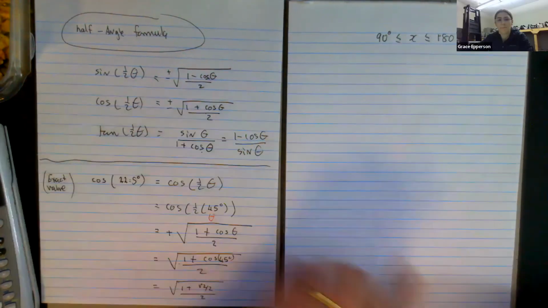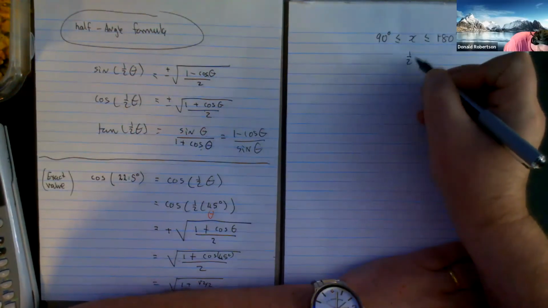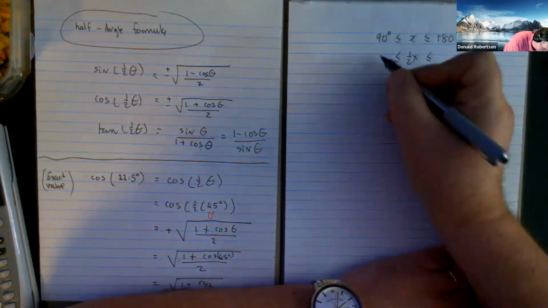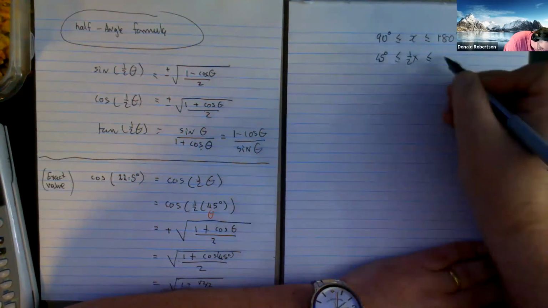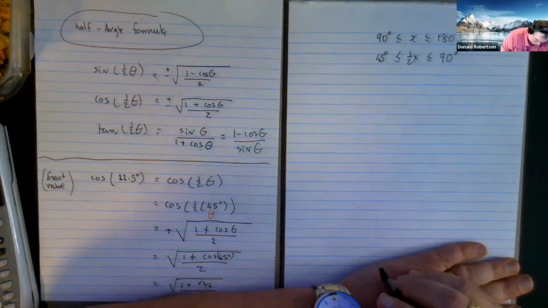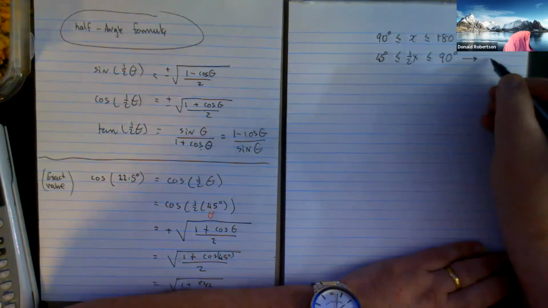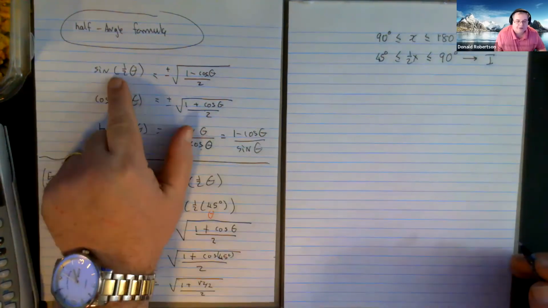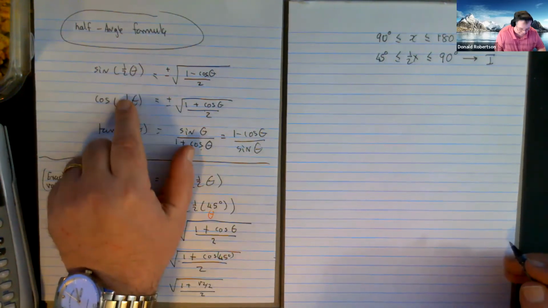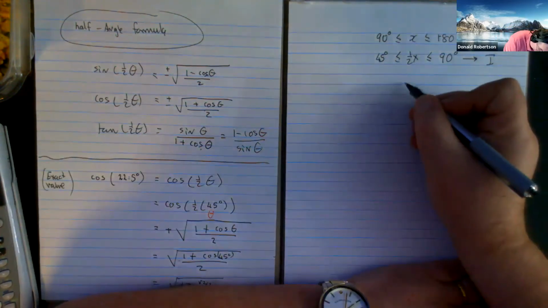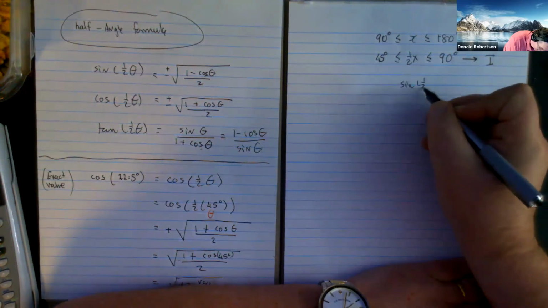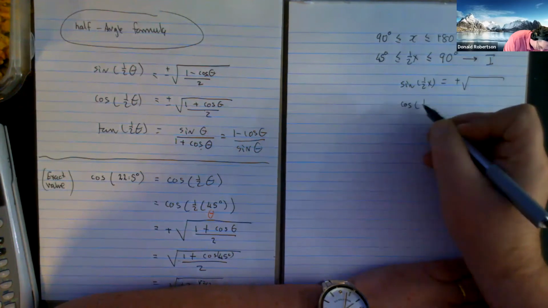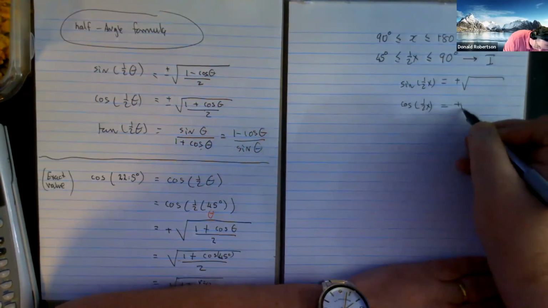So if X is between 90 and 180, won't half of X be between half of 90 and half of 180? I know that that guy is in the first quadrant, and if you're going to find the sine or the cosine of it, won't both of them be positive? Yeah, because everything's positive in the first quadrant. So that's one possibility.